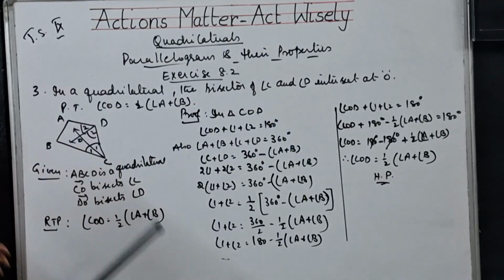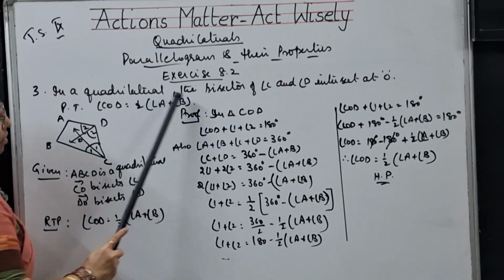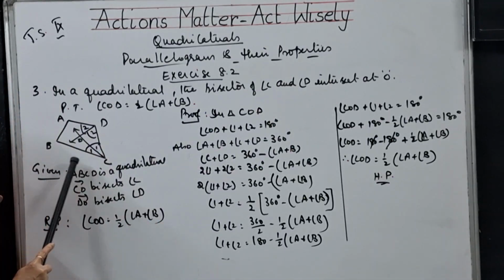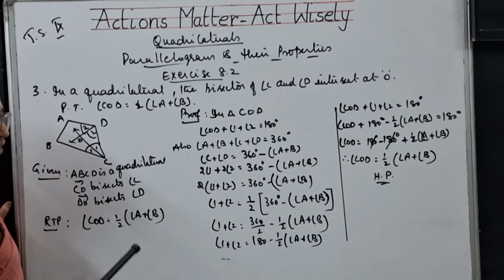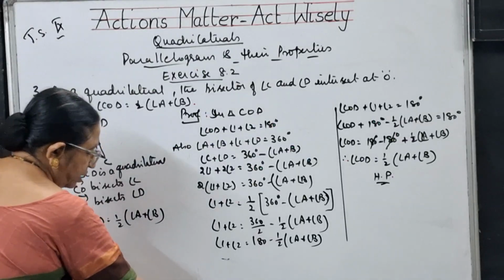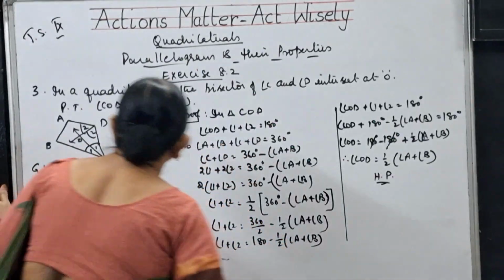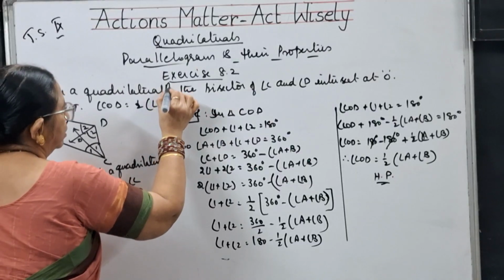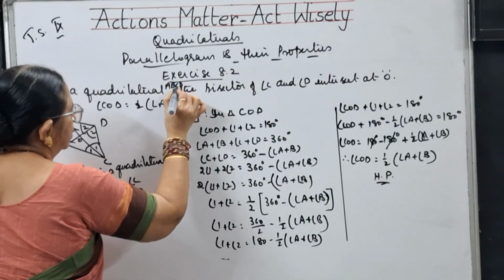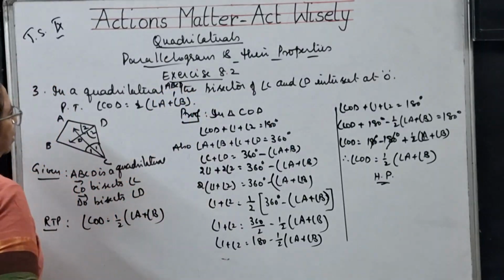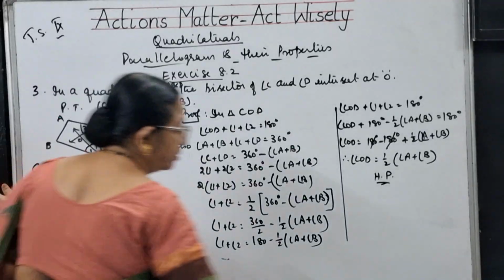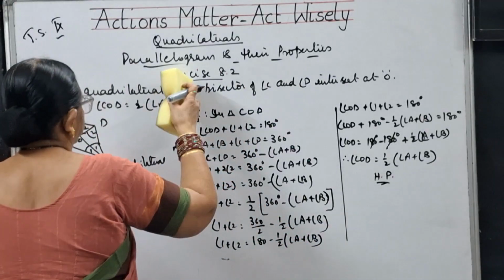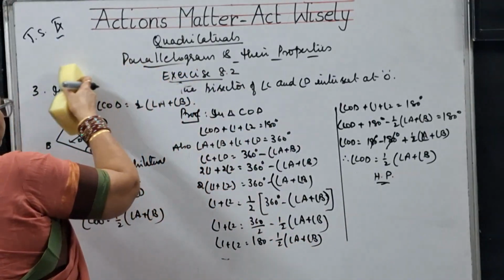So once again, in a quadrilateral, ABCD. I have not written here, children. I forgot to write. I'll write once again.